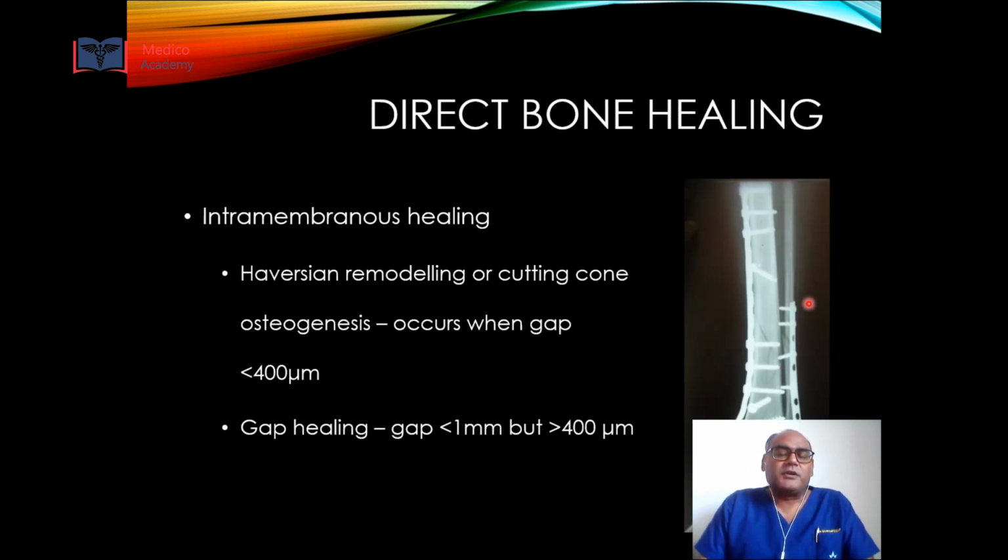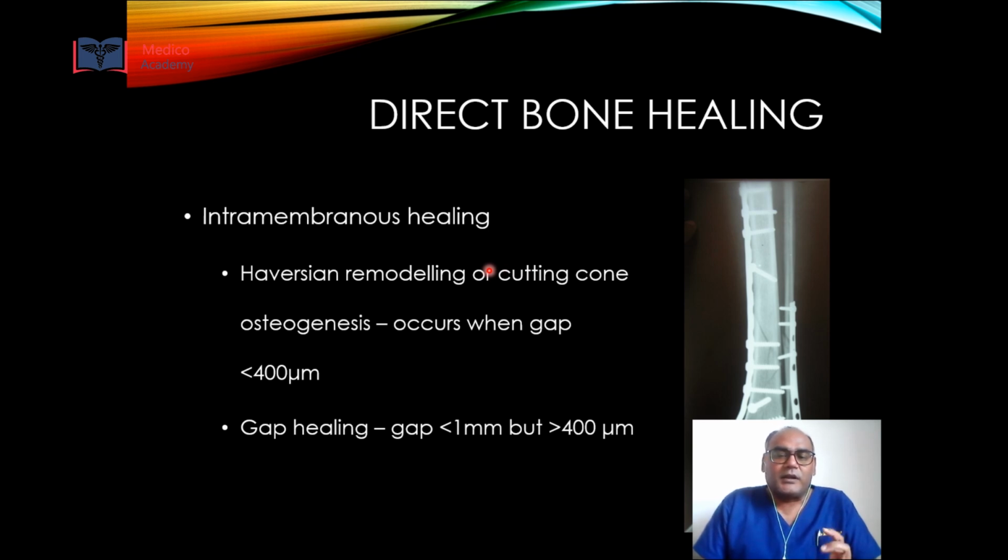Now we have discussed the indirect bone formation. We left out two different forms of bone healing, and they are very important. First one is direct bone healing, and I discussed that this is the most common mechanism of healing of bone in our body. This involves only one type of tissue formation.